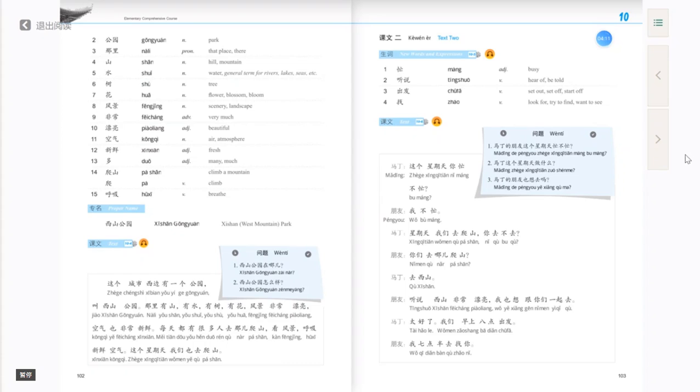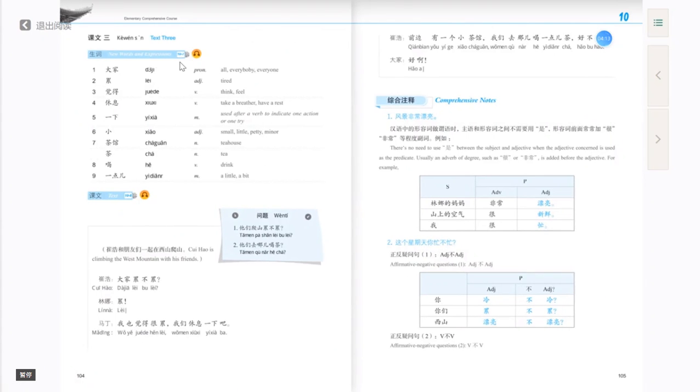And now let's move into text 3, the last text of this lesson 10. Okay, so first, let's learn the new words and expressions of text 3 together. 课文3生词: 大家, 累, 觉得, 休息, 一下, 小, 茶馆, 茶, 喝, 一点儿.